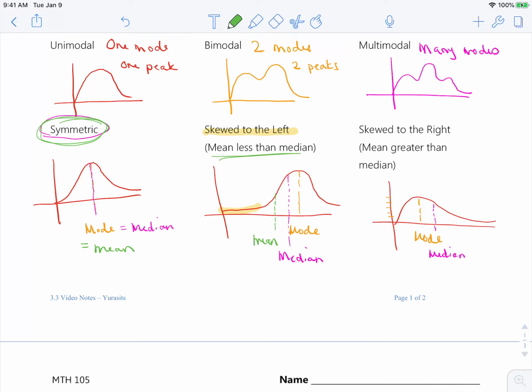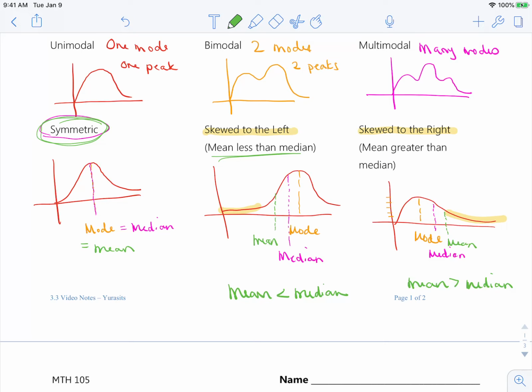And so that's why I have right here that your mean is less than your median. Where skewed to the right, your tail is over here, right? So it's bringing your average up. So your approximate mean is about right there. So that means your mean is greater than your median.